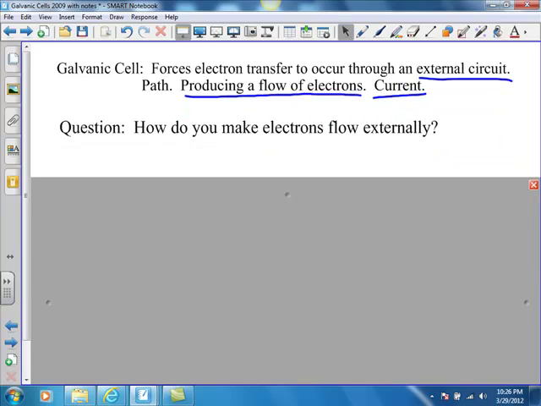So then the $50 question is, great, how do you make these electrons flow externally? Well, you have to remember what's happening. The zinc, oops, I did not want to put a charge on that zinc yet.